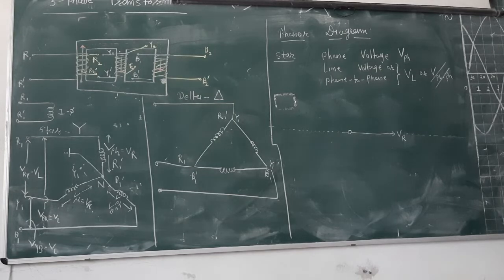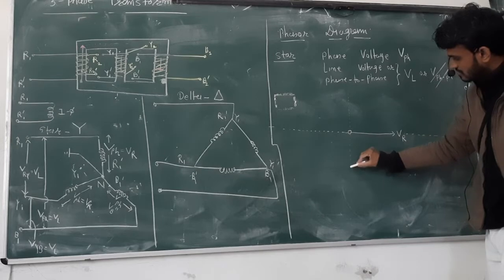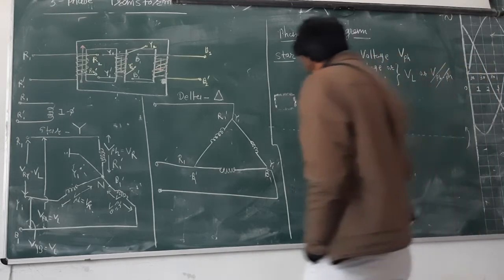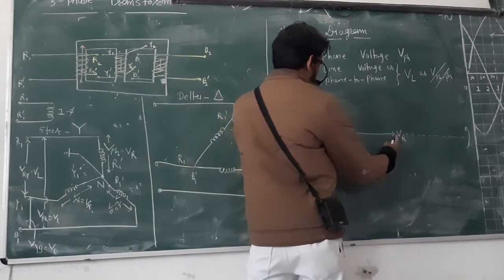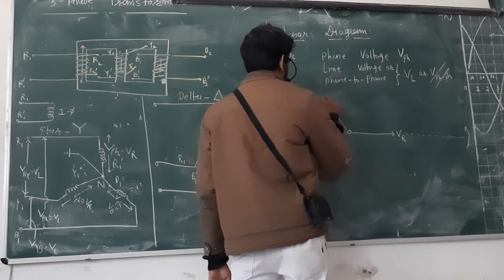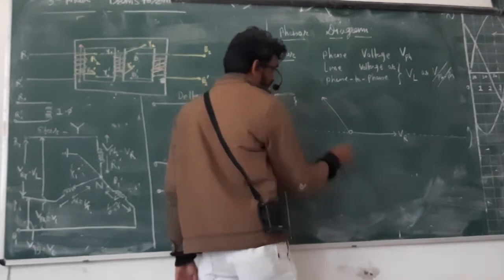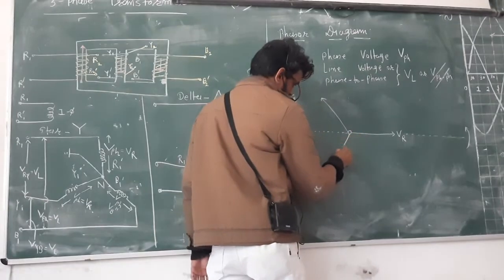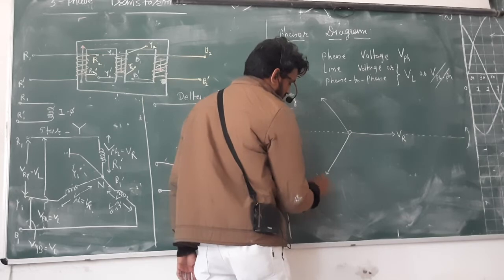After that, VY comes into the picture, and in the phasor diagram it is on this side. So VY will come in this direction, 120 degrees. Here is a 90 degree, here is another 90 degree, so 90 plus 30 in this direction, with approximately the same magnitude. Why VR, then VY?